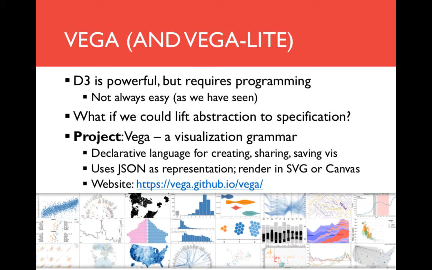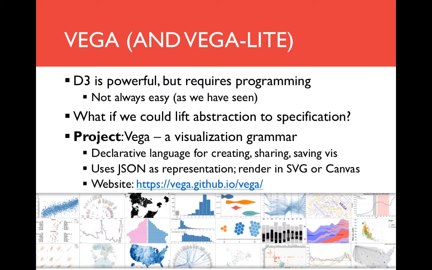What we're going to look at is Vega and Vega Lite. So D3, really powerful. It lets you create all kinds of crazy, wonderful stuff, but it requires programming and a lot of learning of the library. It's not always easy, which you'll have seen if you looked at that tutorial. So the question is, can we kind of lift that abstraction and just put the data in and have something that's already going to be able to process that data and show it in different ways?